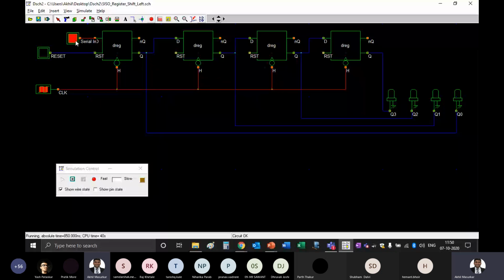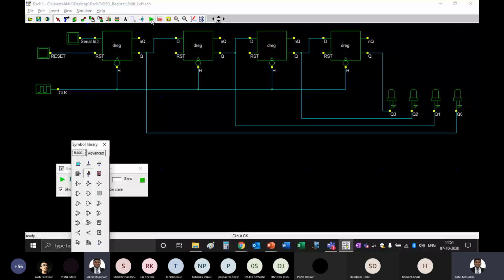So you can see that the bit changes from Q0, Q1, Q2, and then Q3. That is why this operation is called the shift left operation.